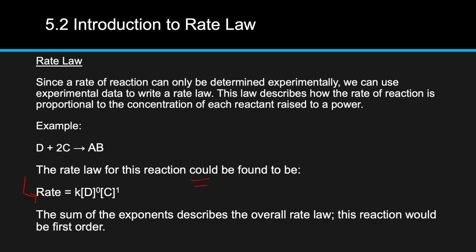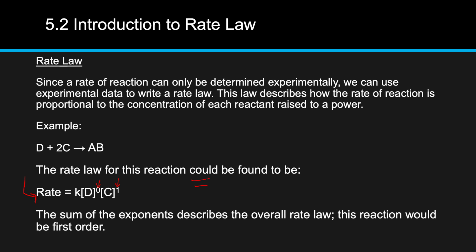Remember that anything expressed to the 0th power is going to be equal to 1. That's really important for this lesson and for this entire unit. This means that the reaction would be described as 0th order with respect to D because it has a raised to the 0 power. And with C, since it's raised to the 1st power, that means it's going to be 1st order.